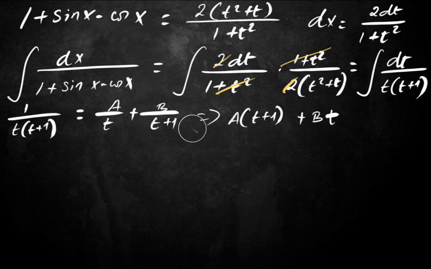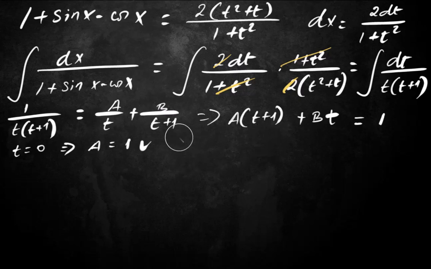So we have options to solve this one. We can just say, okay, let t is equal to 0. If t is equal to 0 here, what we get is a is equal to 1.